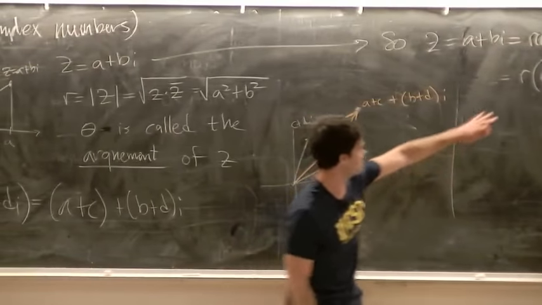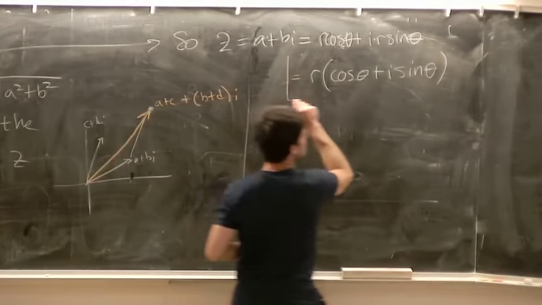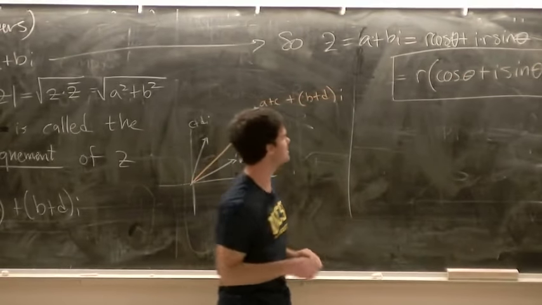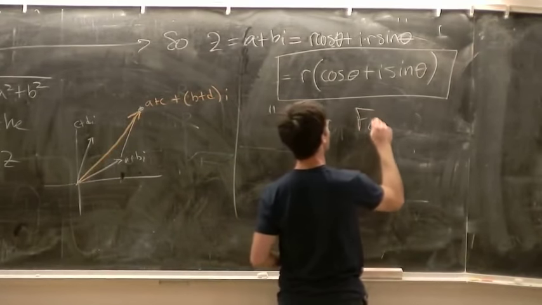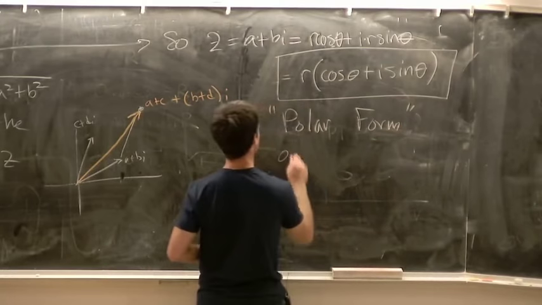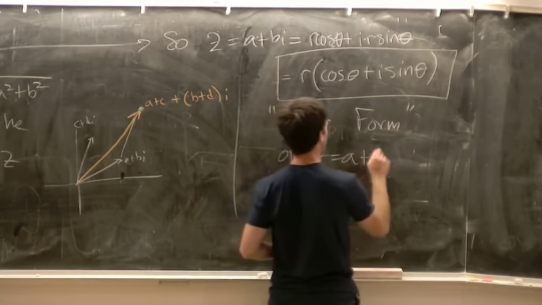So this is such a useful way to write a complex number that it has its own special name. That's the polar form of z, which is a plus bi.